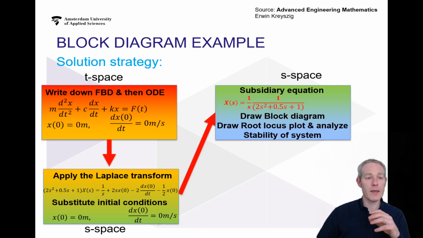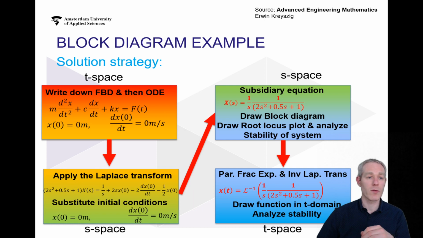Now, we isolate X, and we get this polynomial on X, because if we have a linear differential equation with constant coefficients, we will always get a fraction of polynomials. And this is nice because we can solve these. Well, we can use partial fraction expansion to generate blocks that we can use the inverse Laplace transform on. This is the last bit.